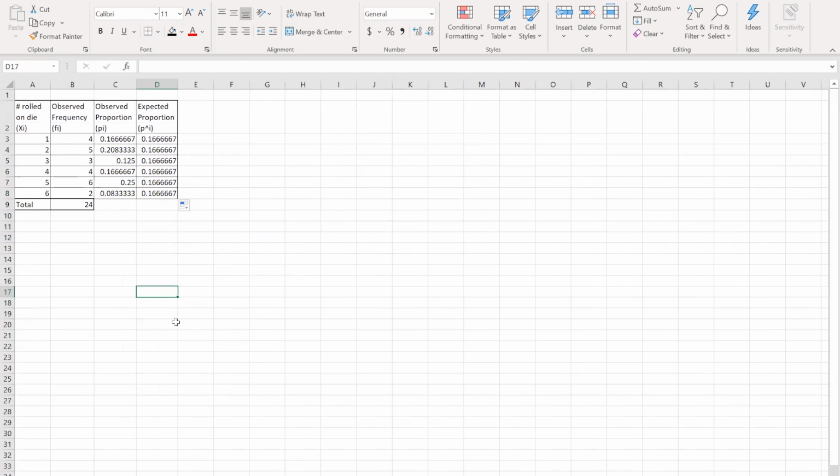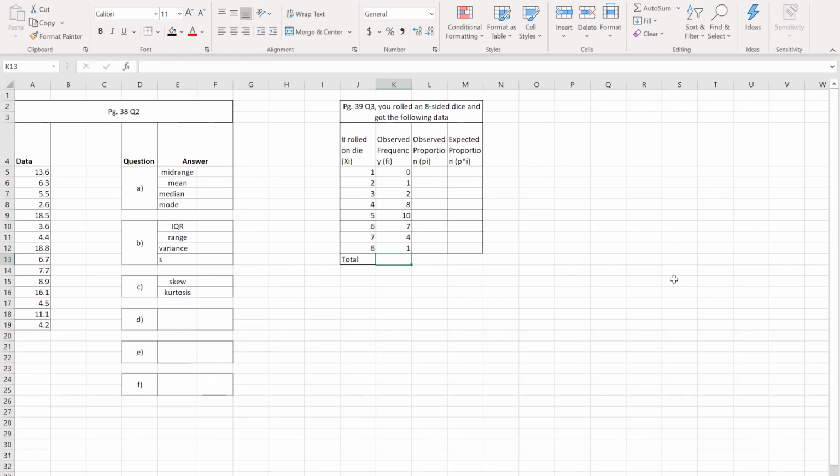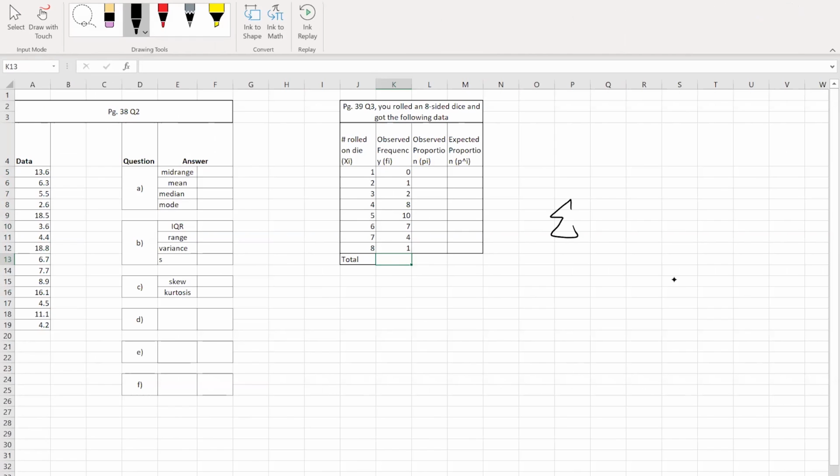The weighted mean, remember, is the sum of each value times its frequency divided by the sample size.